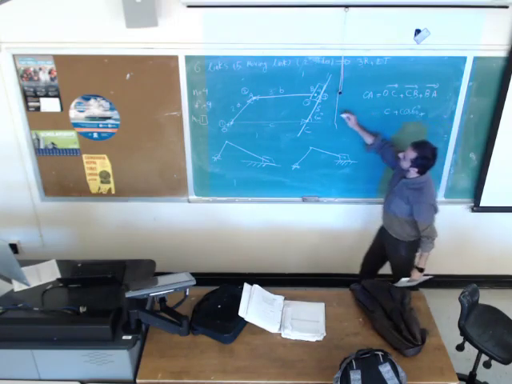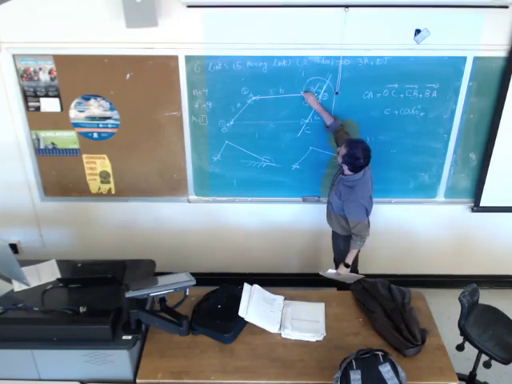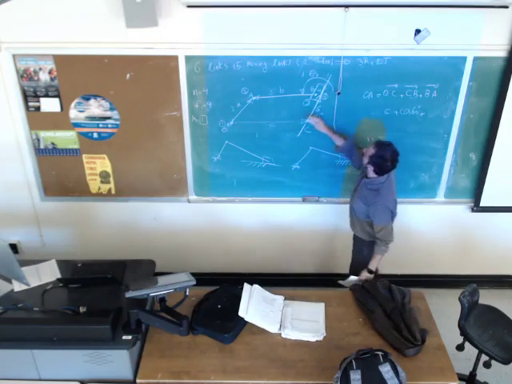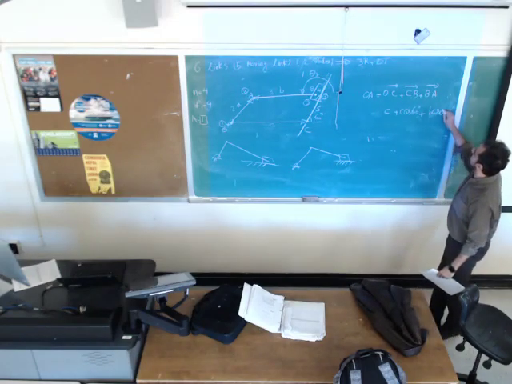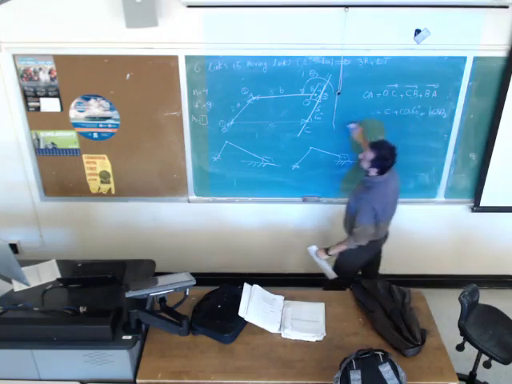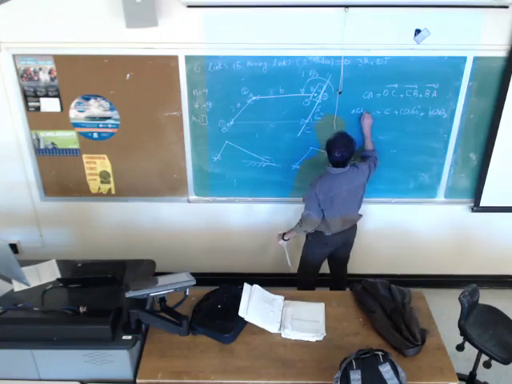plus BA, b cosine of theta 3. And the right side is going to be a cosine of theta 2.